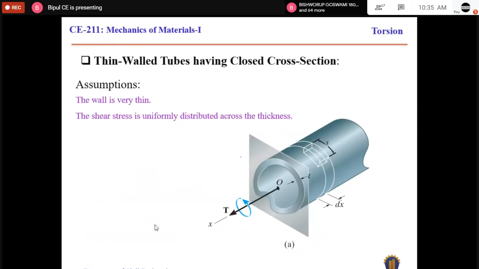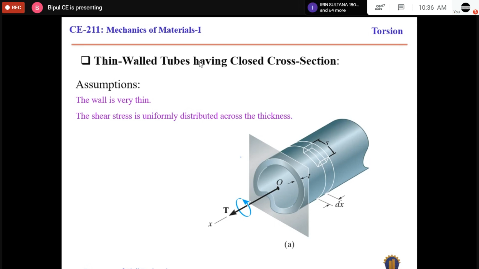Then, in the previous problems, we have seen circular shafts, which may be solid or hollow, and we have discussed the non-circular shaft. But in the real field, the structure may be a thin wall tube.